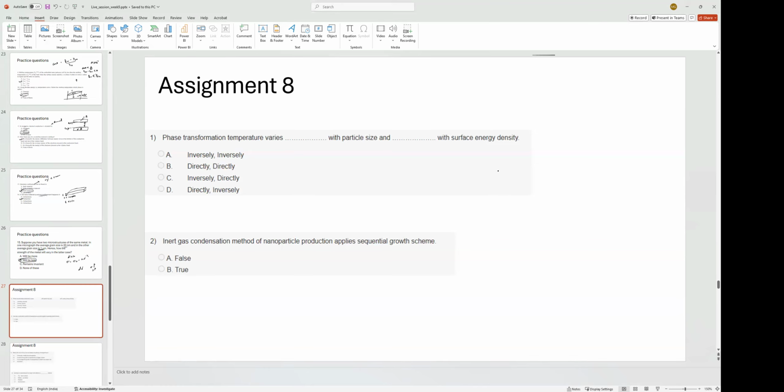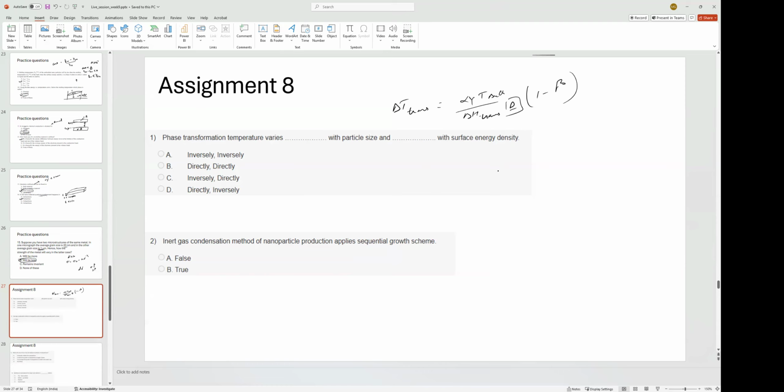So your equation: delta T transformation, alpha gamma over T bulk, rate of transformation into D theta.